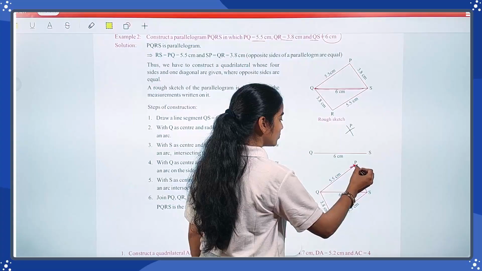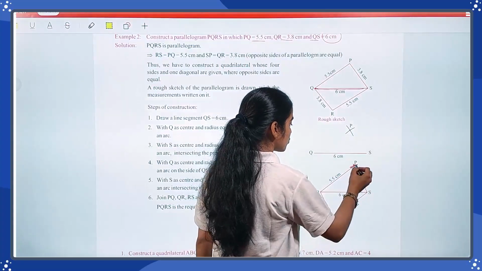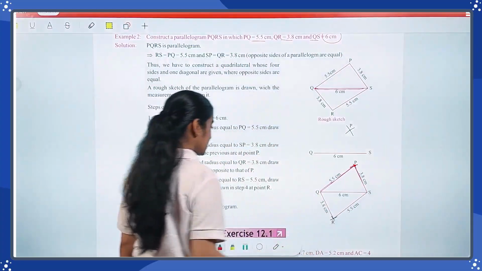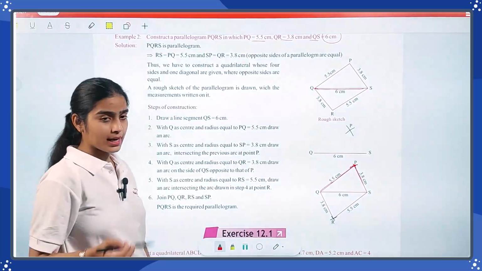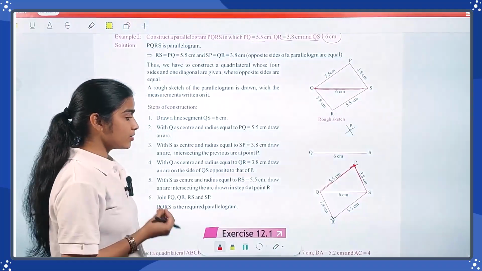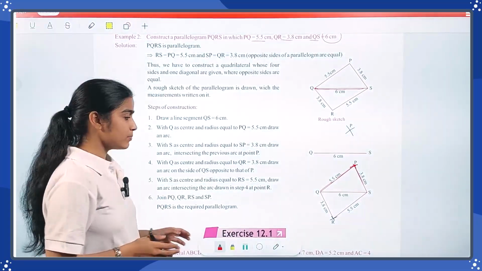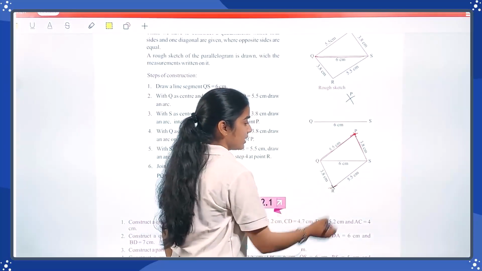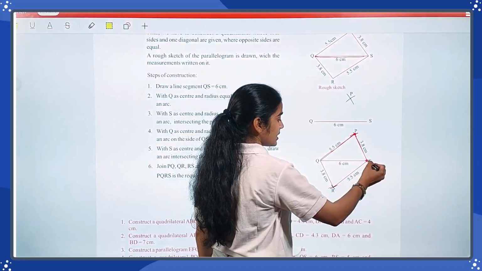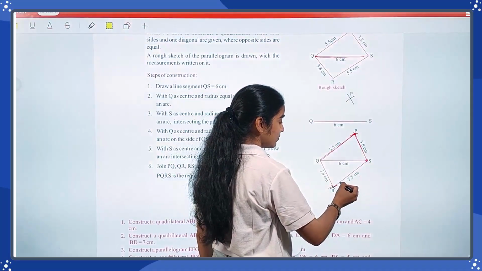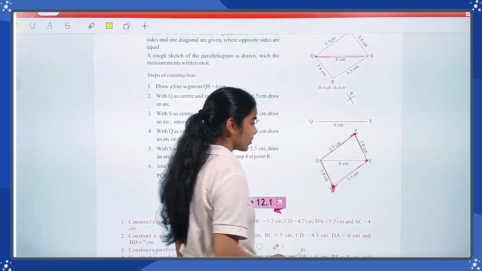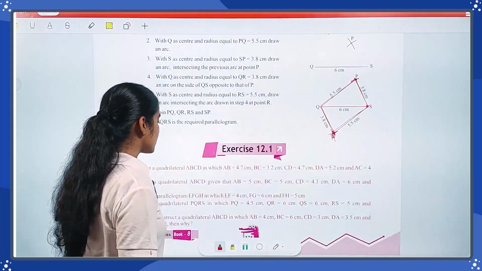Where the two arcs are intersecting, just join with Q and S. The same process you have to repeat, making Q again the center, mark an arc, open your compass till 3.8 centimeter, then take center S, open your compass till 5.5 centimeter, mark an arc where the two arcs are intersecting, label it R and connect these points together.